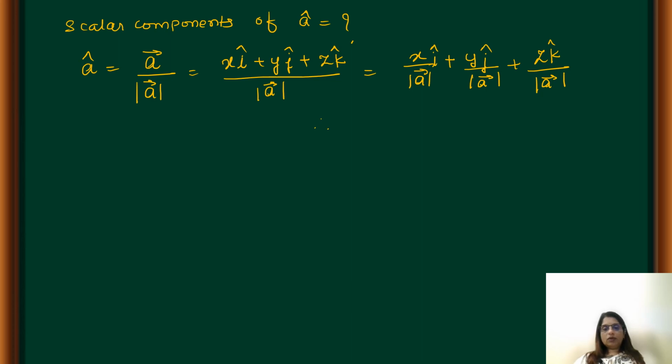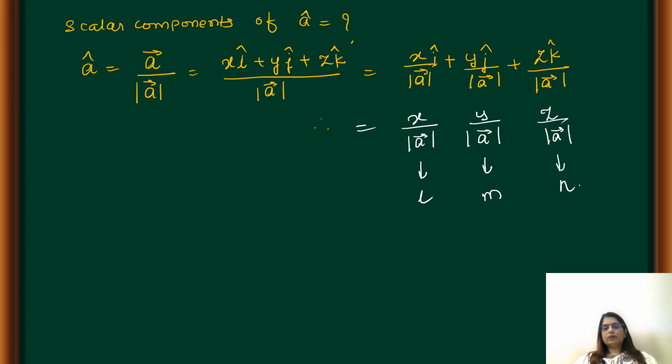So we are back to the same thing and we can say that x by magnitude of a vector is L, y by magnitude of a vector is equal to M, and z by magnitude of a vector is equal to N. Getting it?